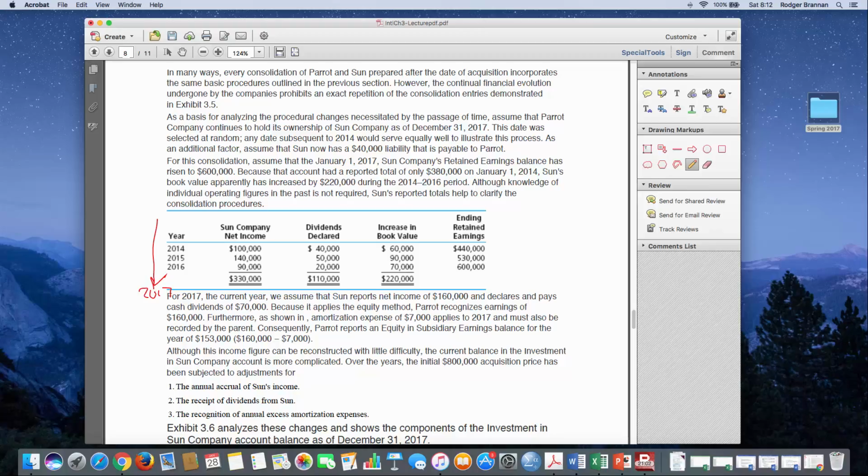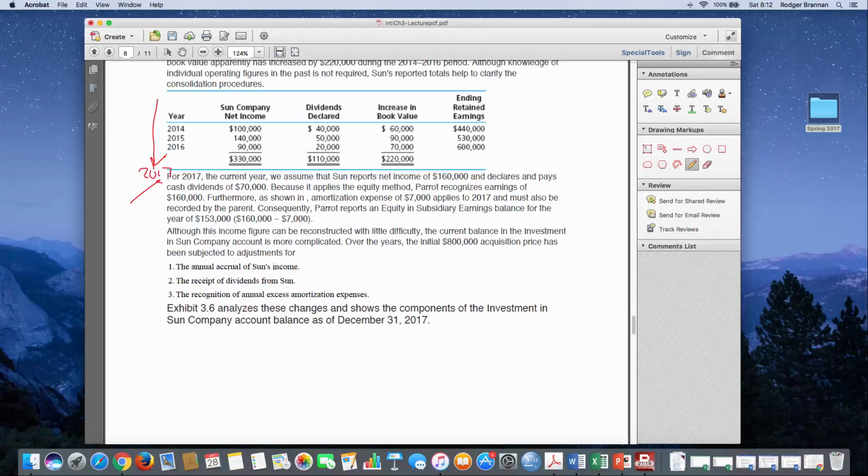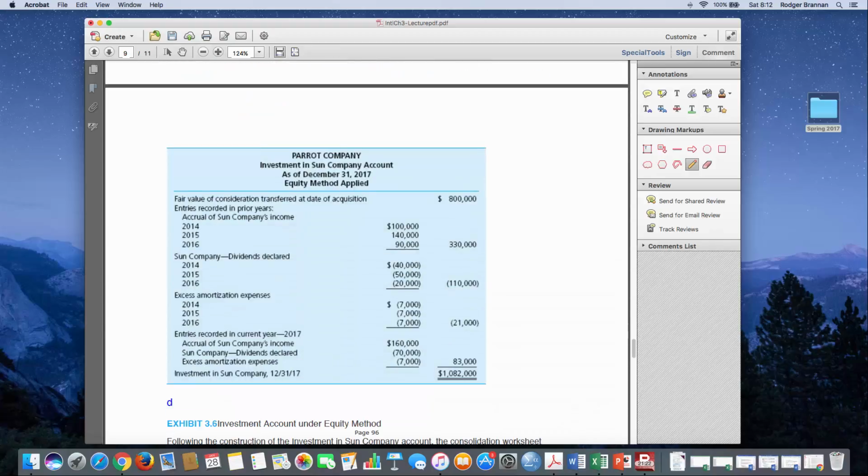They're not asking you to go back and do this every single year, but if I had the starting point, what happened at the beginning of 2014, all this information, how would I go about preparing consolidated financial statements for the end of 2017? So I think what we'll do is jump ahead here, because really the emphasis is that I need to play around with this number here.